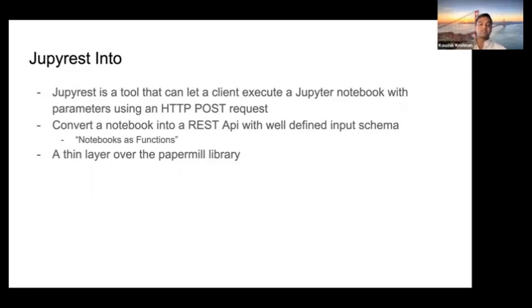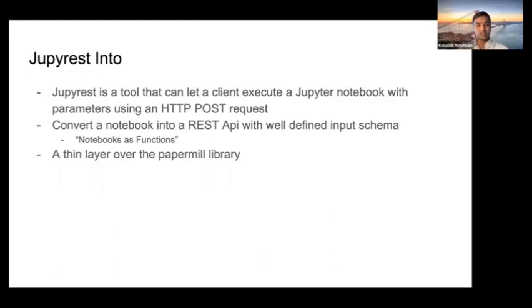This means you can take a notebook and turn it into a REST API with a well-defined input schema. I like to say this is like notebooks as functions. Under the hood, Jupyrest is a very thin layer over the popular Papermill library, if you're familiar with that.